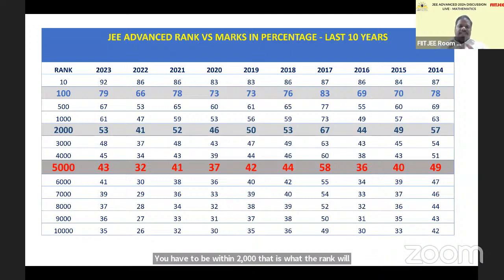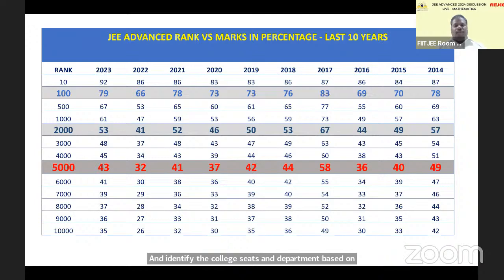You can see the last few years of ranks and the seat allocations. You can do research on your own. You can refer to some alumni students and talk to them and figure it out. We have given certain illustrations in terms of JEE rank and percent, but I would suggest students go even more in depth and identify the college seats and departments based on the All India ranks they are getting.